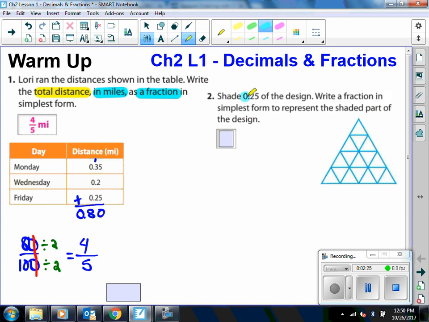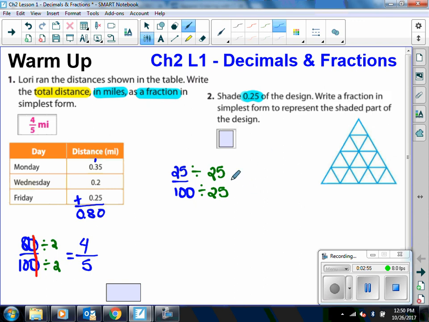And now we can simplify by dividing by 25. Right? We can divide by 25. So when we do that simplification, we're going to end up with 1/4. Is everybody with me? So that is the fraction in simplest form.